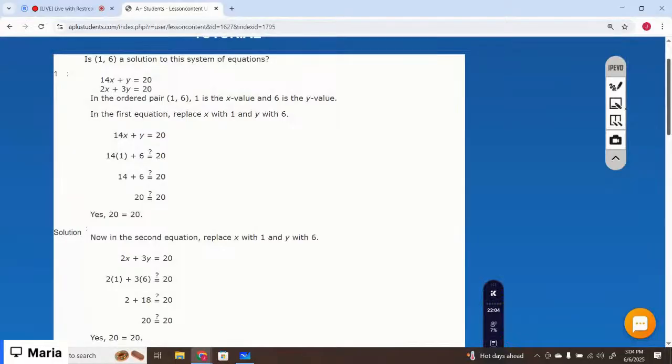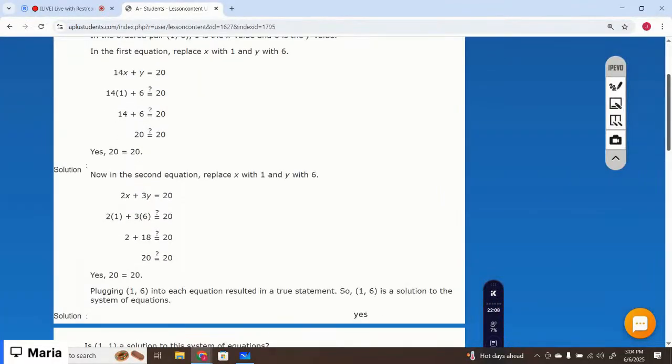If both equations are true for this value, then (1, 6) is a solution to the system of equations. Got it? So you can see if you replace the x with 1 and y with 6 in equation number 1, both sides are exactly equal, and the same thing for equation number 2. So that means yes, (1, 6) is a solution to the system of equations. Okay?